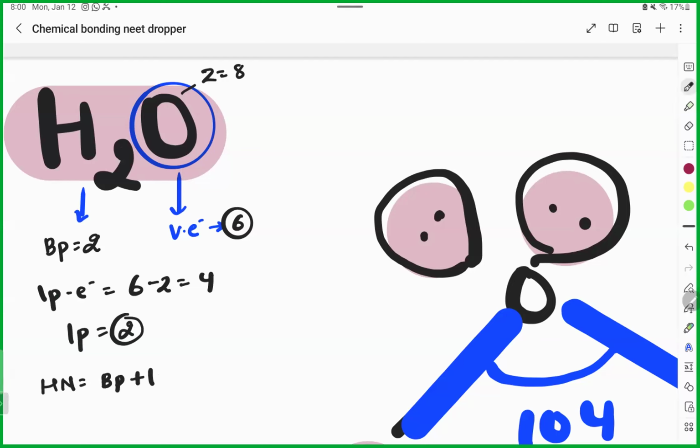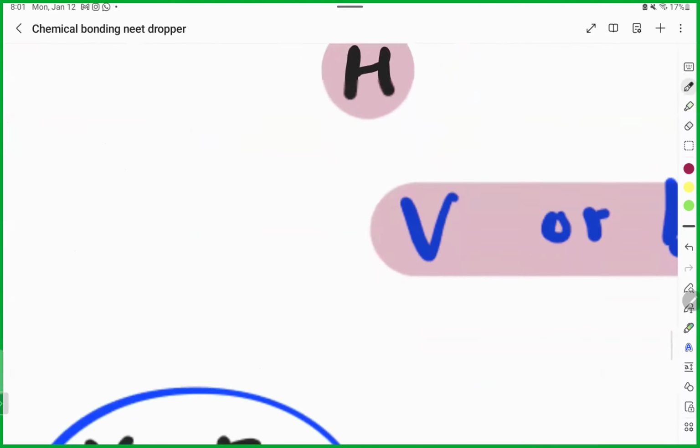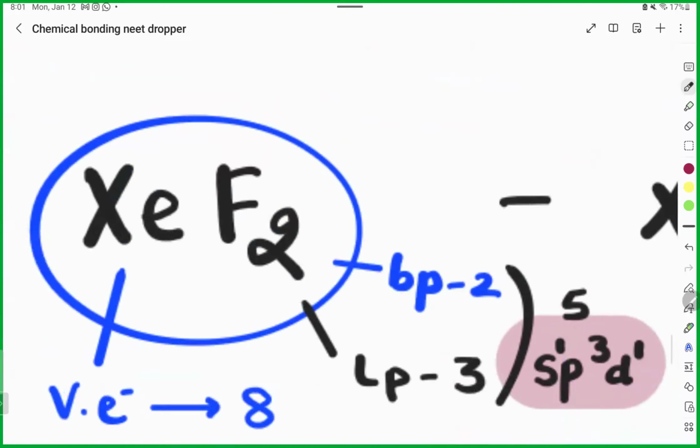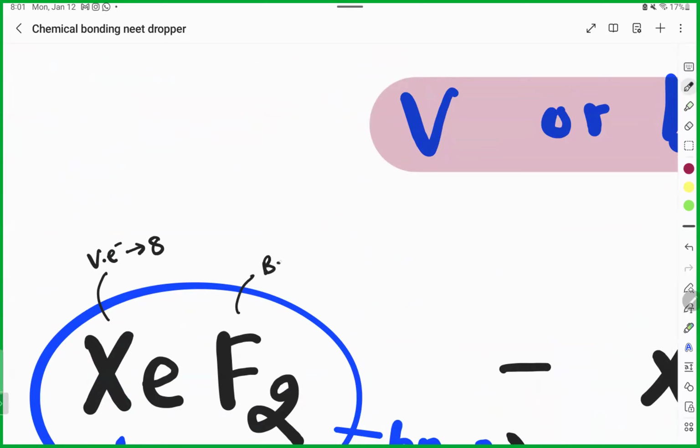What will be hybridization? SP3. Done. Now it looks easy. Yes, sir. Last. What is the valence electron in this case? 8. What will be bond pair? 2.